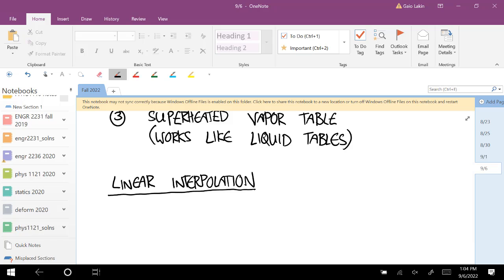And the idea of linear interpolation is not just for thermodynamics tables. It's a useful thing whenever you're given a finite set of data points.